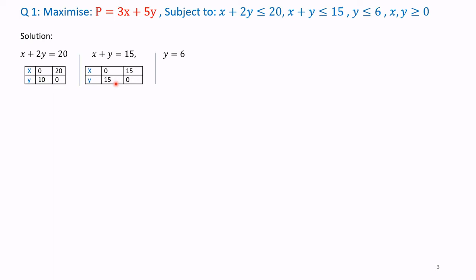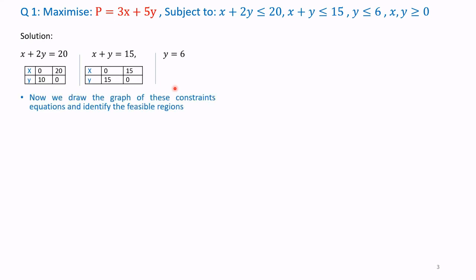Next we will put y is equal to 0. If you put y is equal to 0, x is equal to 15. This is written here. And y is equal to 6 is already given. So there is no table here because x is not present in the given equation.